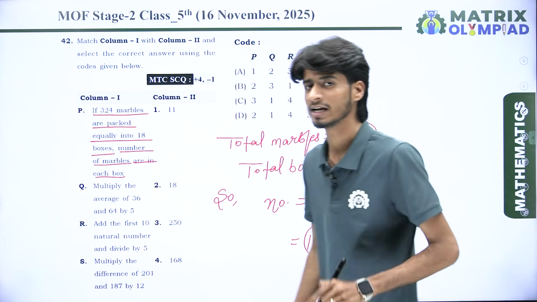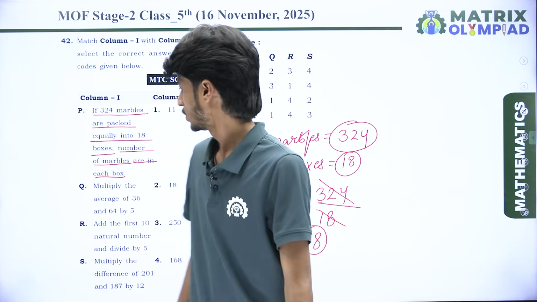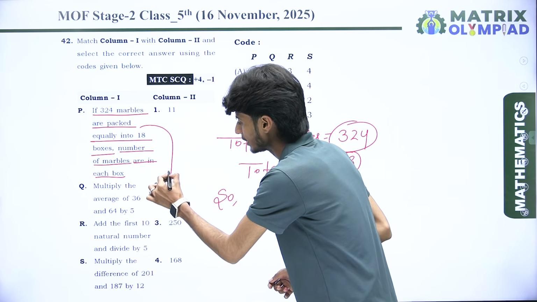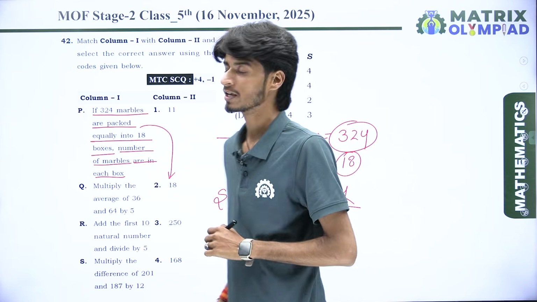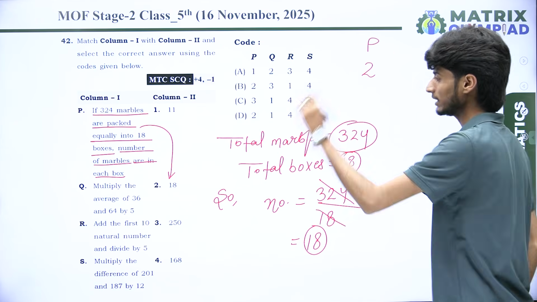Then we say in each box we have 18 marbles. Got it? So look at column second. We have 18 in point second. So P matches with point second.